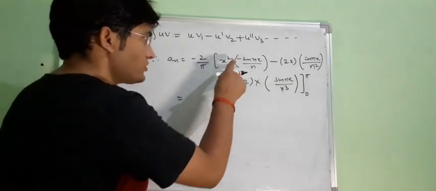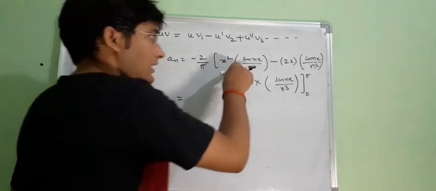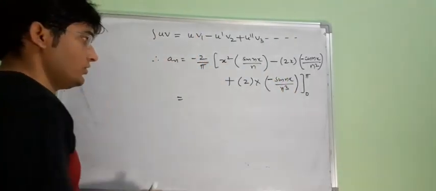I think there is some mistake, because the integration of cos is plus sine, and the integration of sine is minus cos. So now it is correct.